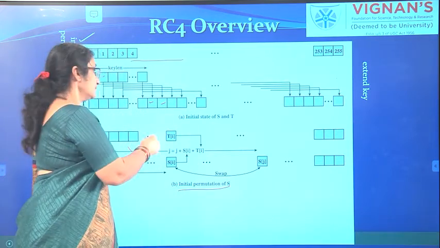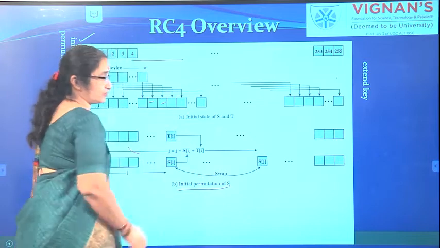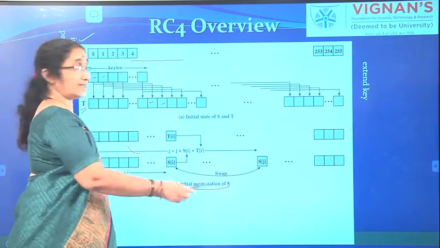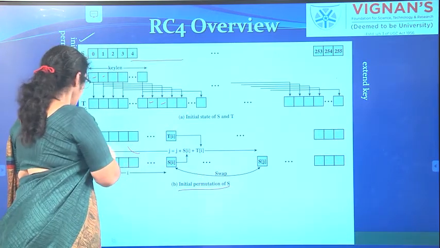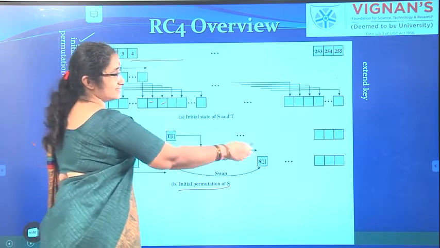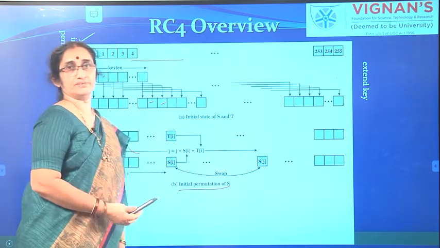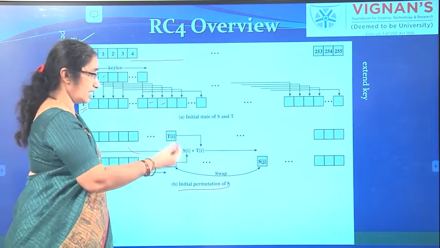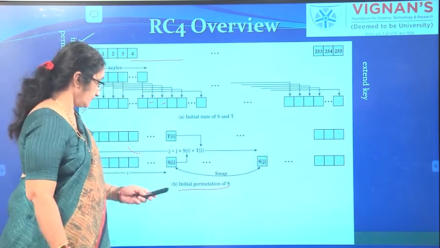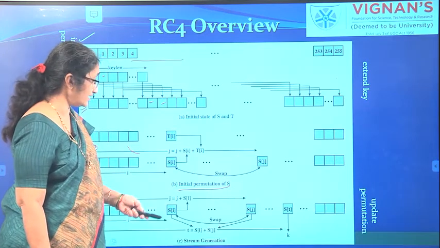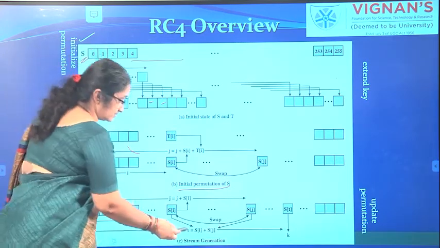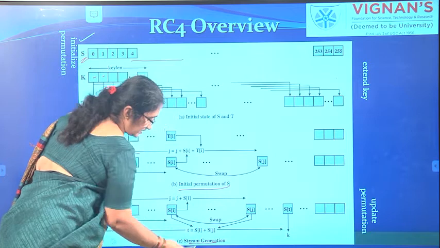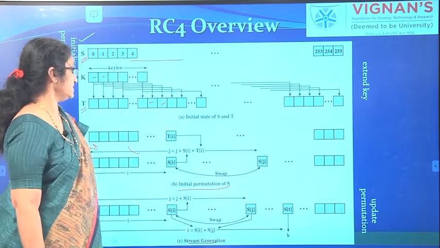And the next step is you have to perform initial permutation, so that the values present in the S array are shuffled. Let us see how we will be shuffling that. And finally, you generate the key stream.